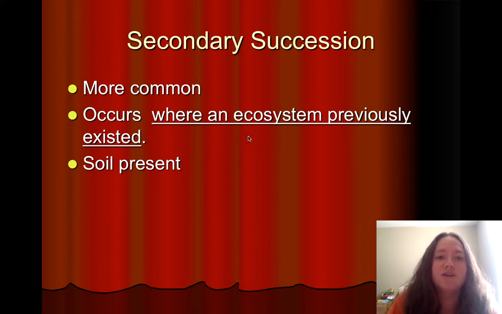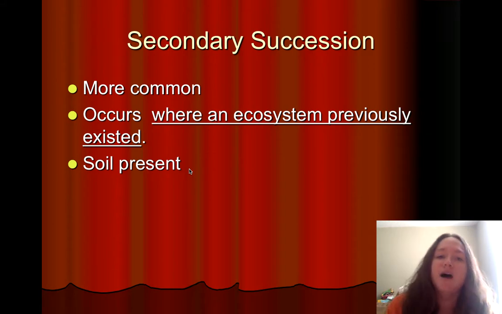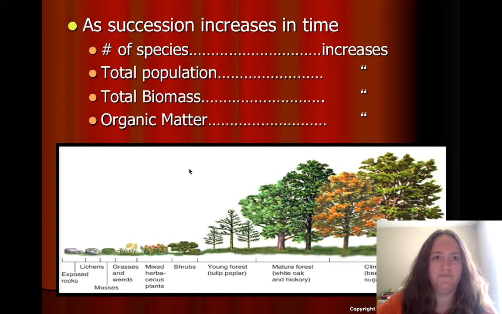So this is where an ecosystem previously existed and soil is present this time. So maybe there's a hurricane, maybe there's a flood, an earthquake, whatever the natural disaster was, it did not restart us from bare rock. So again, regrowth is faster because there's seeds already in the soil, there's animals, there's nutrients. We don't have to start from scratch again.